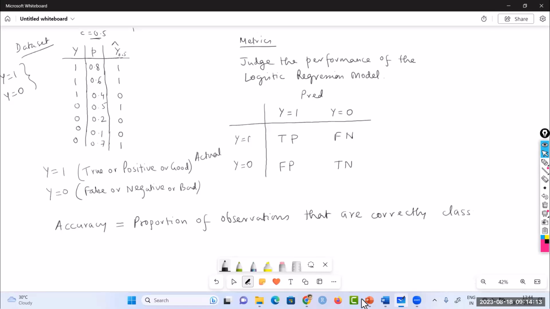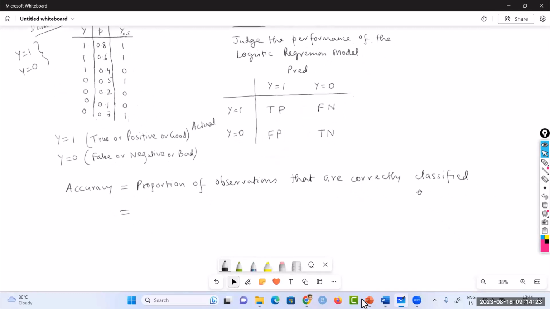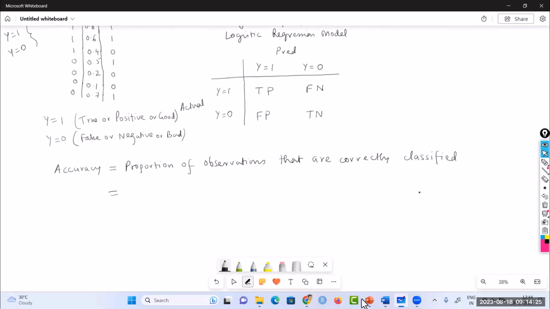That means I am taking a ratio: out of the total number of observations or total number of classifications, how many are correctly classified.